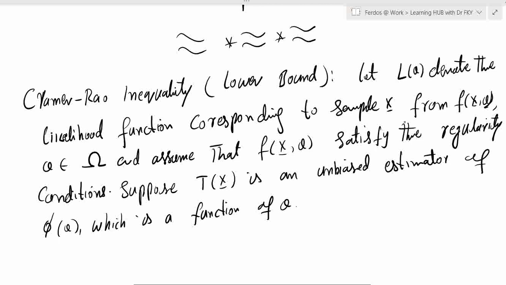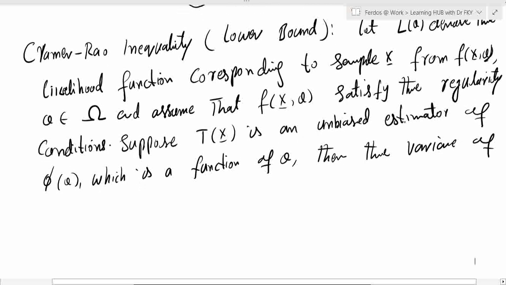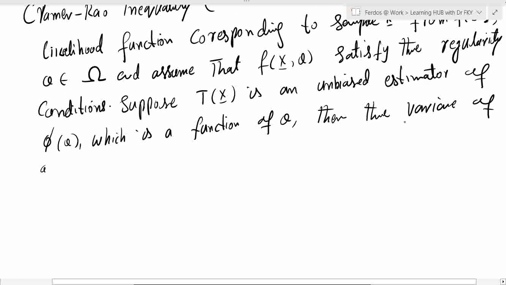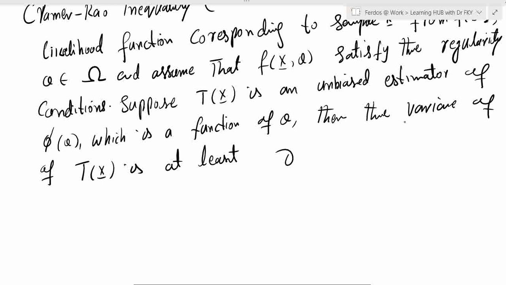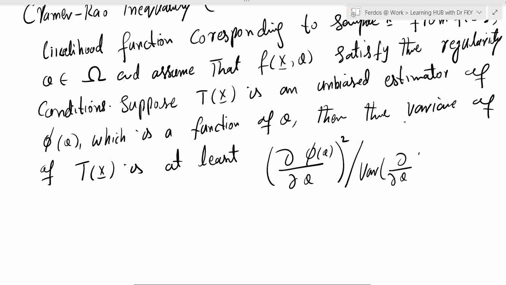Then the variance of T of x, this estimator, remember, an unbiased estimator, is at least phi prime of theta, that means the derivative of this quantity with respect to theta, squared, divided by the variance of this quantity.